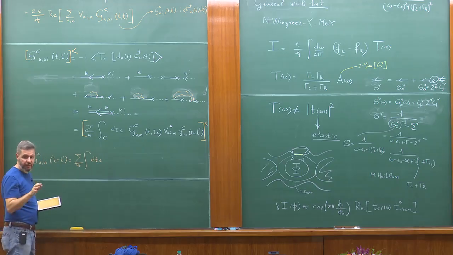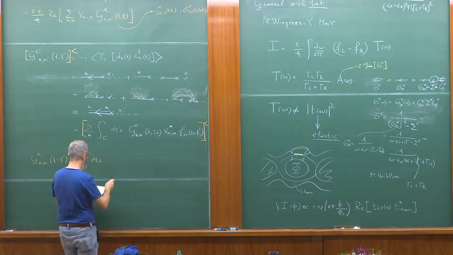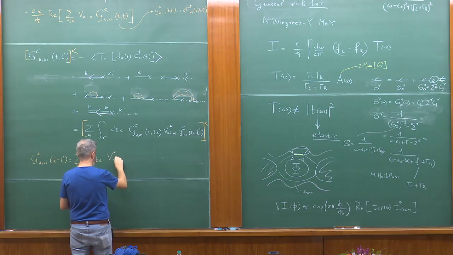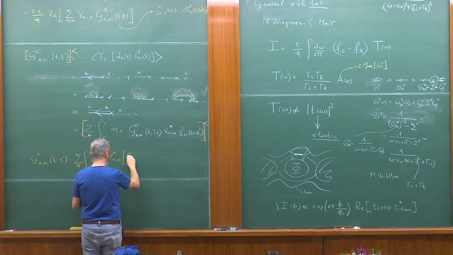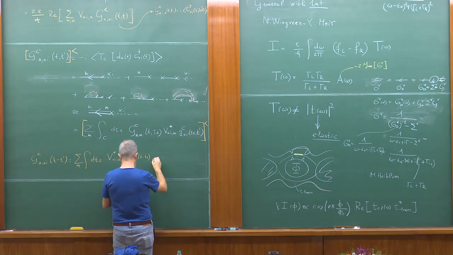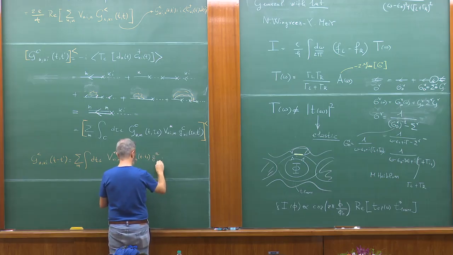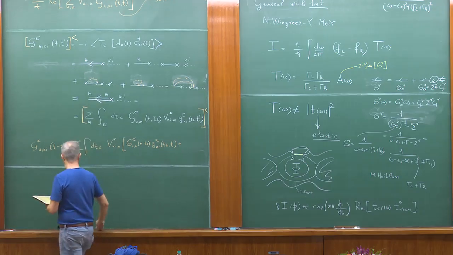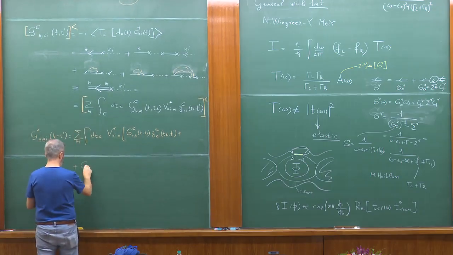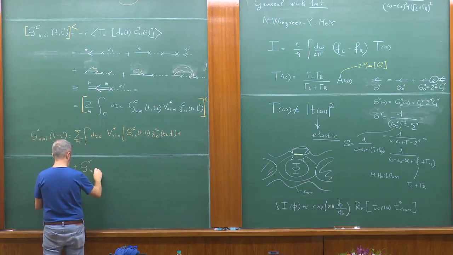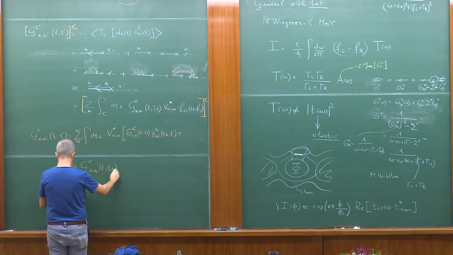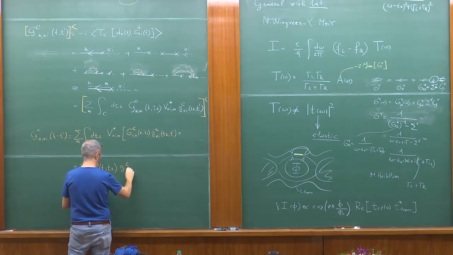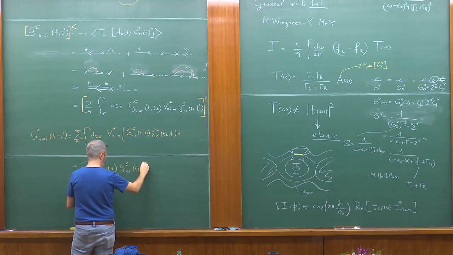This now is a real time. This becomes real time convolutions: V star k i m, and then you have G lesser n m (t minus t1), G advanced k i (t1, t prime), plus G retarded n m (t1) G lesser k i (t1, t prime).